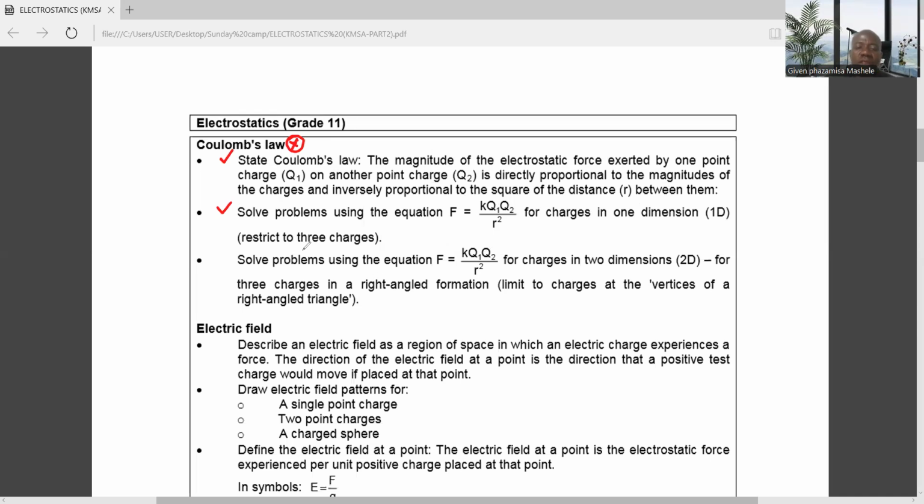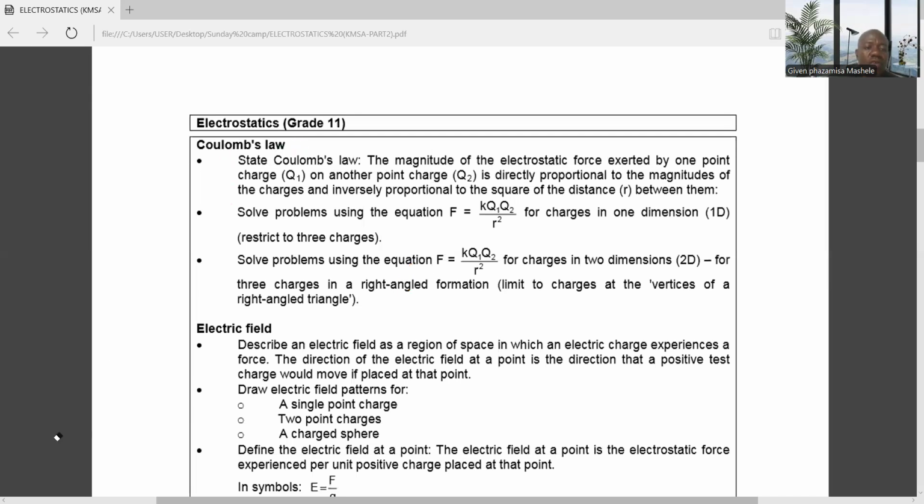And we also went through problems where we looked at how to determine the electric field at a point when we have charges that are in 2D, particularly when they are in a right-angle triangle, where we use the tail-to-head method in determining the resultant or the net electrostatic force at a point due to other point charges. Now, without wasting time, I want to take you through electric field, ladies and gentlemen.